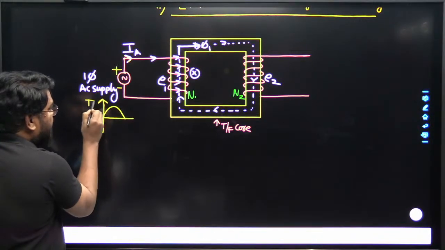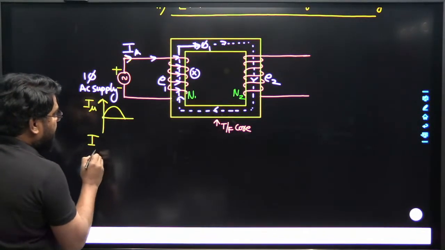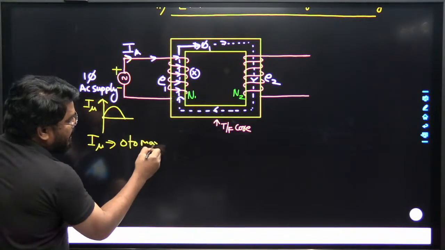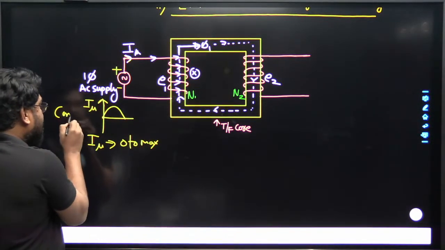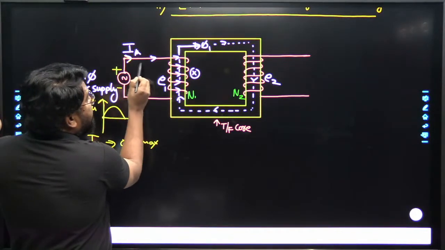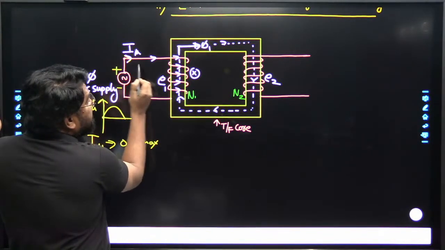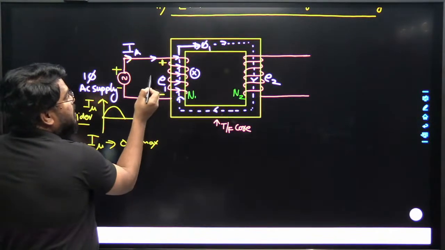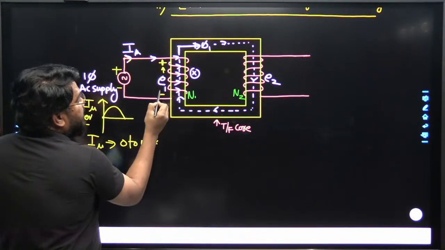In the positive half cycle, the magnetizing current changes from 0 to some maximum value. In order to oppose this magnetizing current, this polarity is positive and this polarity is negative. So this is the polarity of the induced EMF.